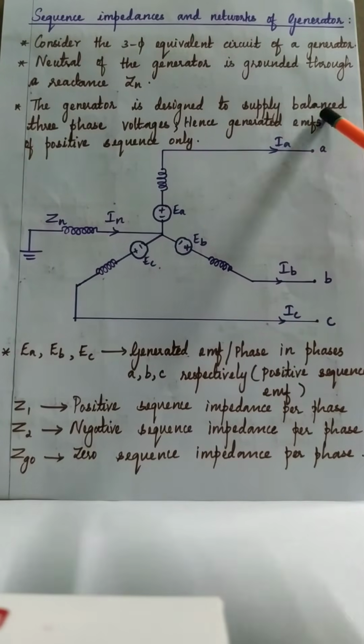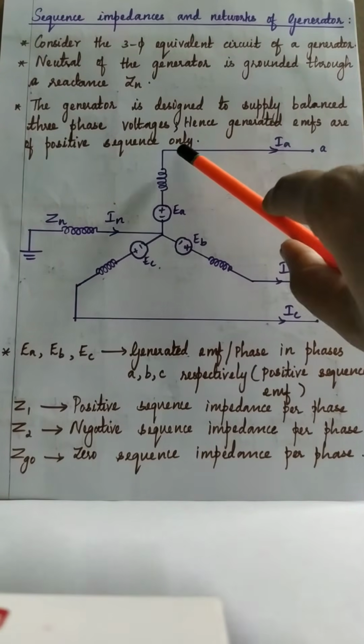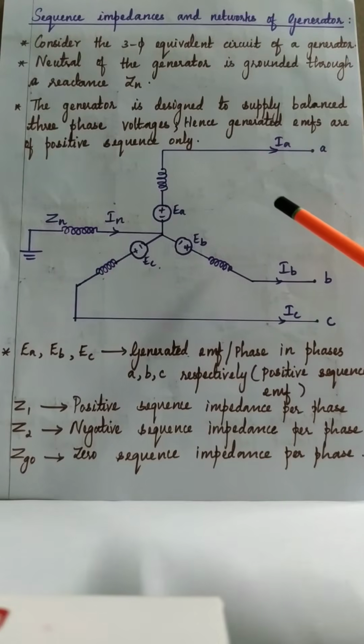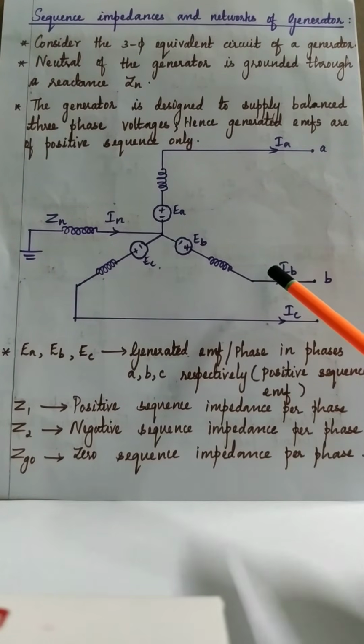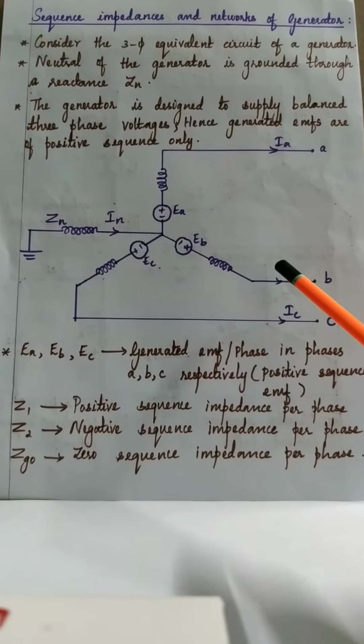So why will a balanced supply have only positive sequence generated EMF? What is the definition of a balanced three-phase supply? The three-phase voltages produced have the same magnitude, the positive phase sequence ABC, and the phase angle between the three phases is 120 degrees displaced from each other. For a circuit to be balanced, these three conditions have to be satisfied.